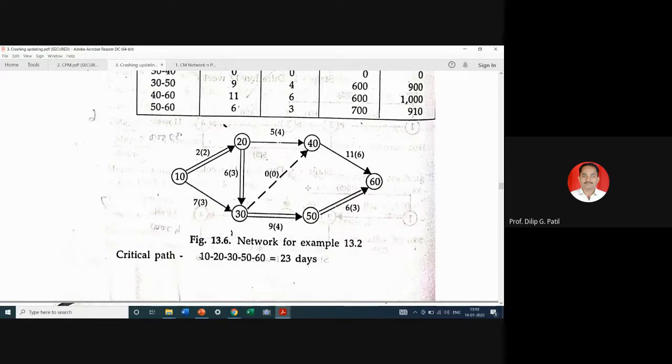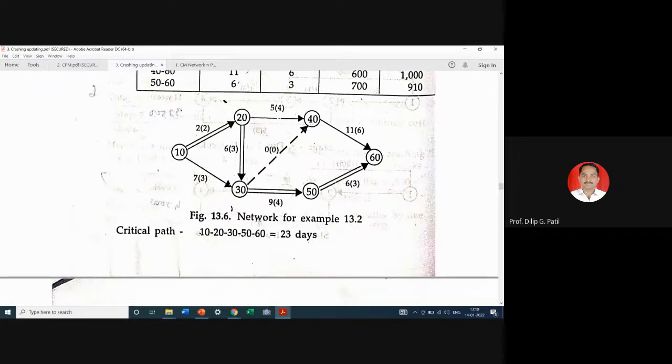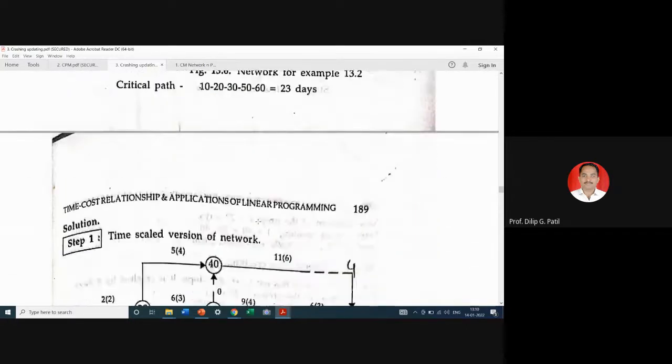So this is a prerequisite to solve these problems of crashing as well as updating, and only after understanding CPM and PERT, you will be able to do further operations related to monitoring of the project progress. So this is the critical path.